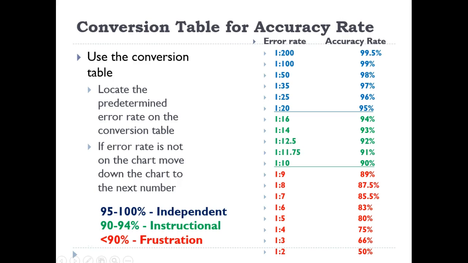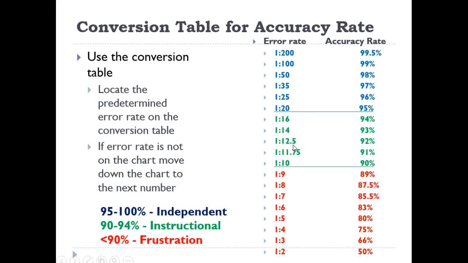In determining the accuracy rate, we are going to use this table here to help us identify what the accuracy rate is, but we also need to have the error rate before we do so. If you can take a look at this, we have 2 columns, the error rate column and the accuracy rate column. As we said before, our error rate was 1 in 10. So we locate the predetermined error rate on the conversion table.